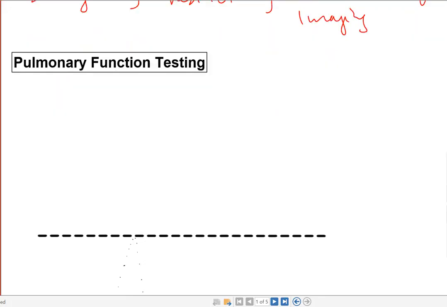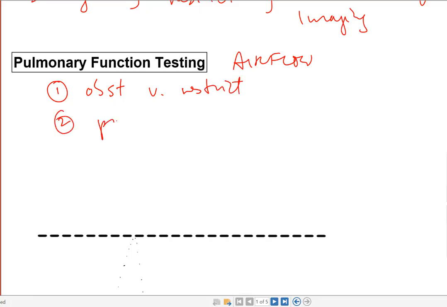So when we talk about pulmonary function testing, we're really talking about airflow. Basically, we're going to use airflow to do our basic distinction into obstructive versus restrictive. That's a fundamental division in lung pathology. And the second, it's really, really useful for following your progression of disease.